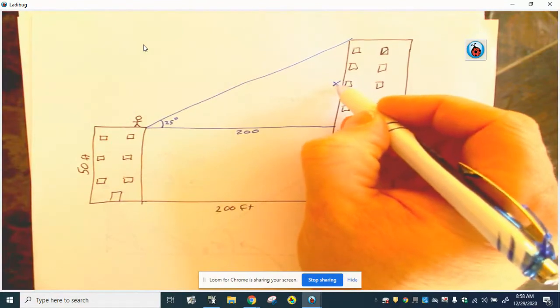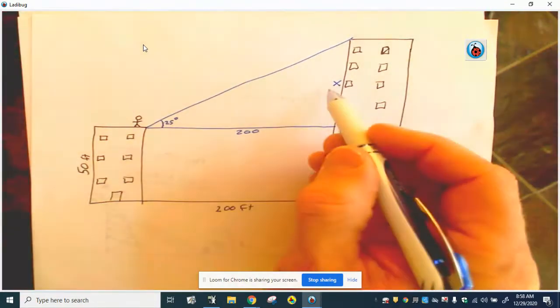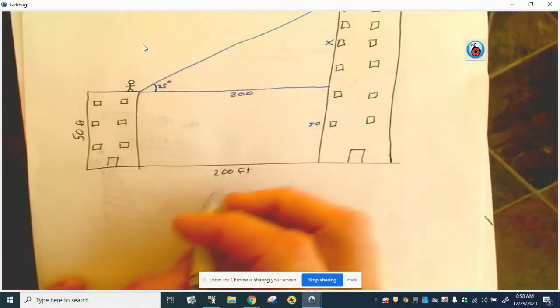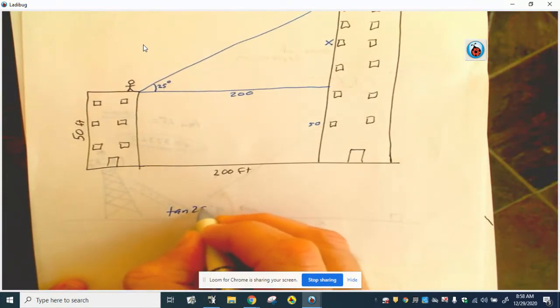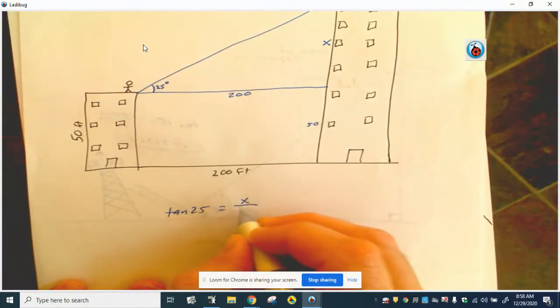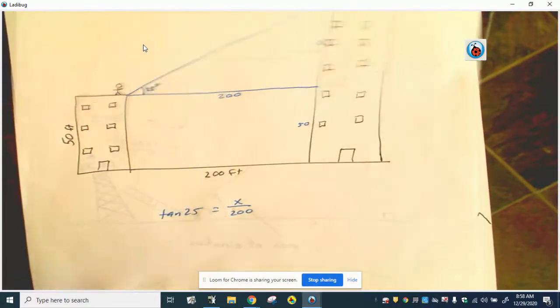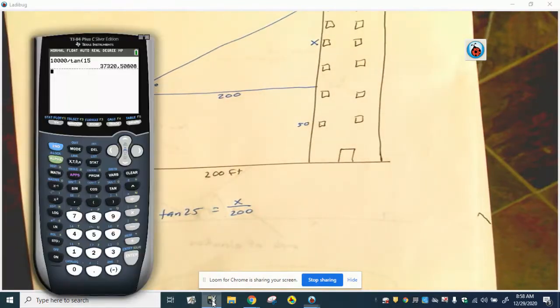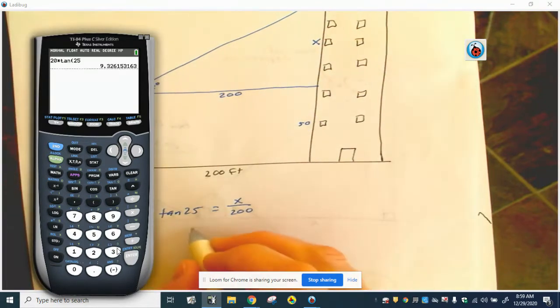We can solve for this, right? Basic opposite over adjacent. That would be tangent of 25 is equal to opposite over adjacent. And again, you can just butterfly. So in this case, I would do 200 times the tangent of 25. I'd get that answer.